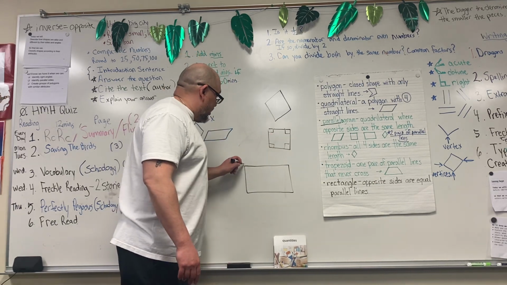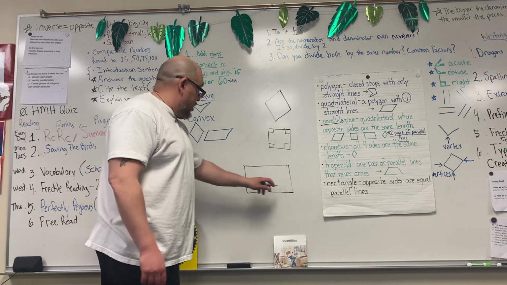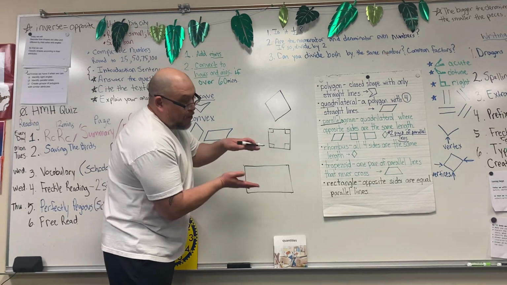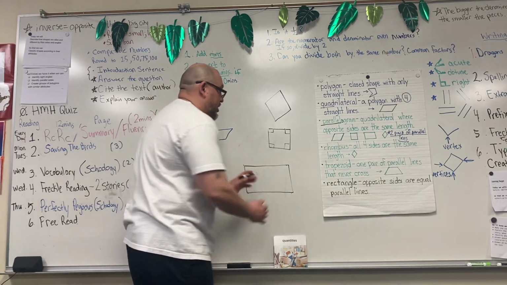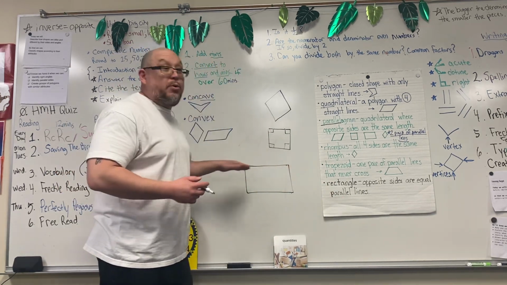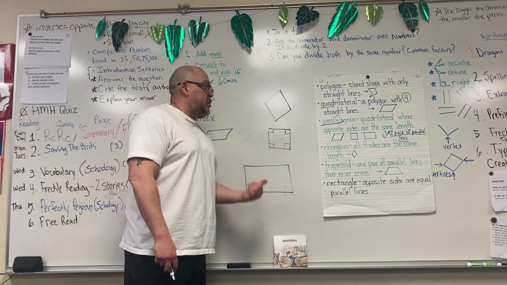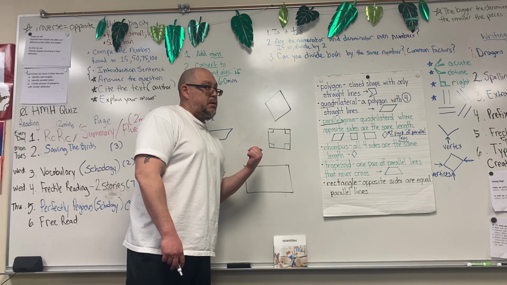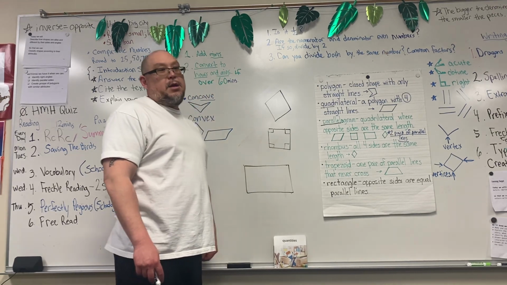Thank you. So this line, they're equal. Just like this line, they're equal and they're parallel. Yep. So basically what it means is the opposite sides are equal and parallel lines. Oh, just like another shape up here. What shape is that? Square.